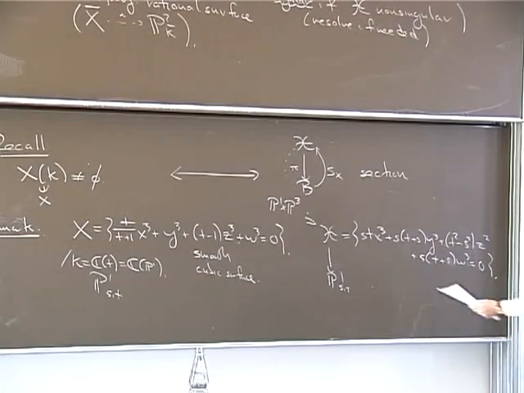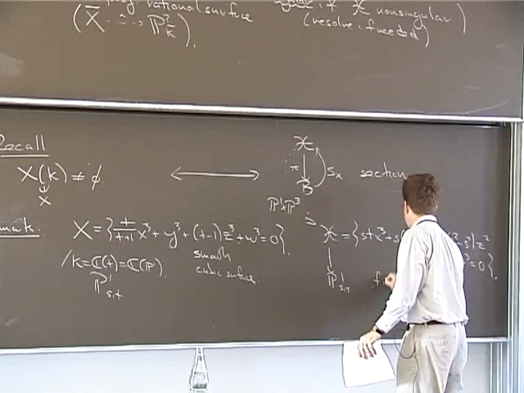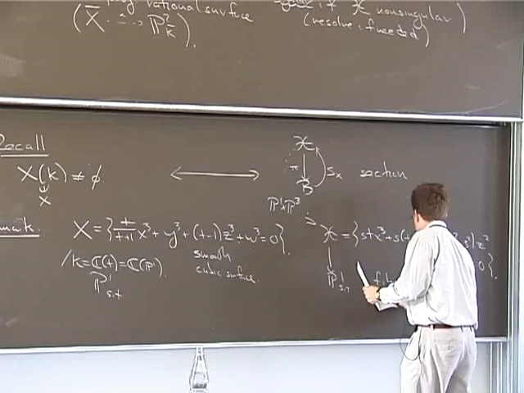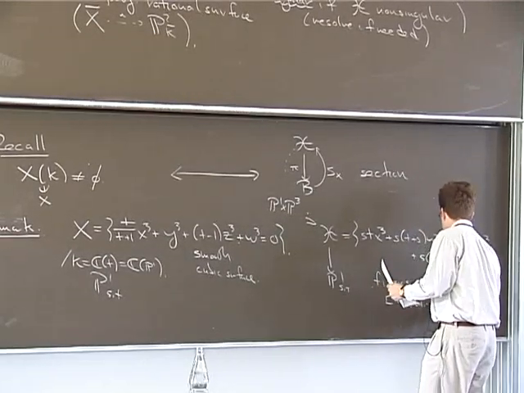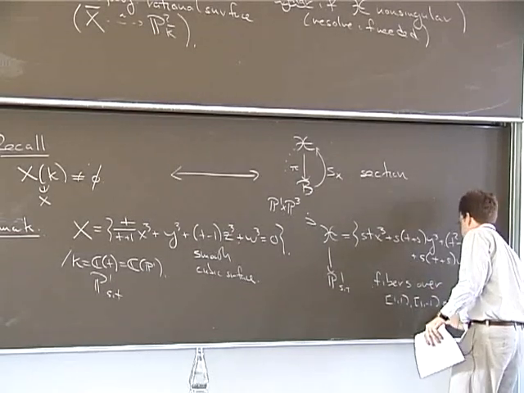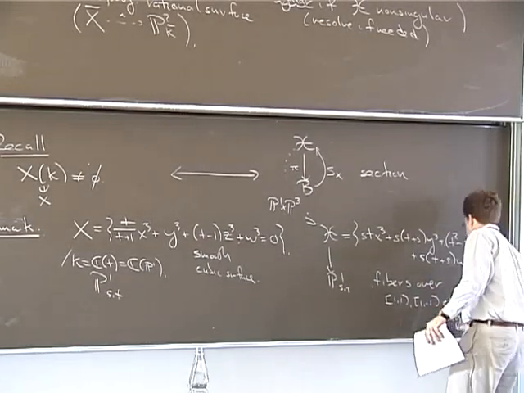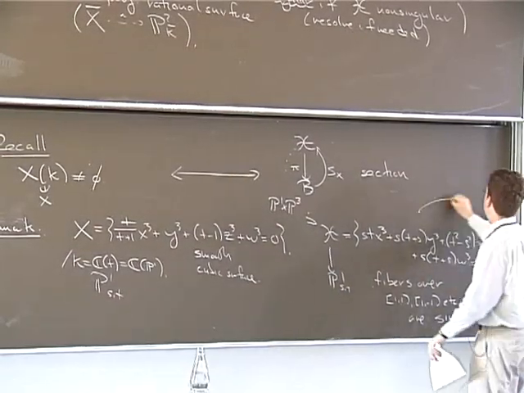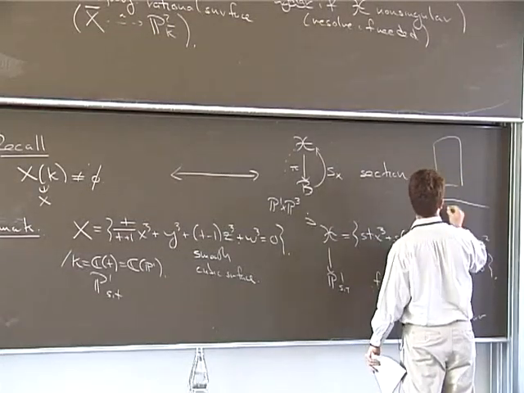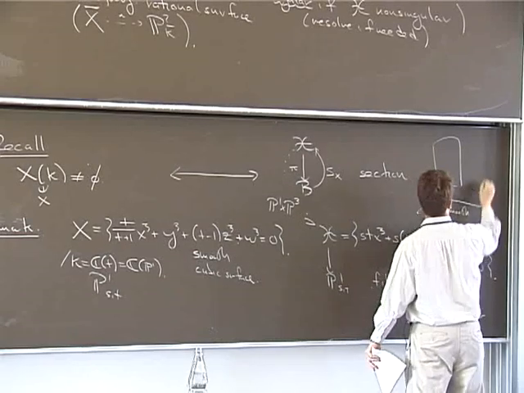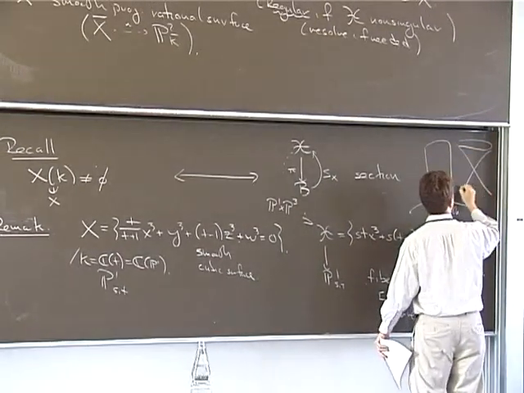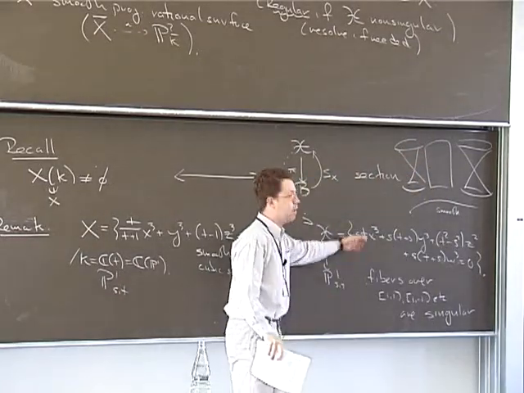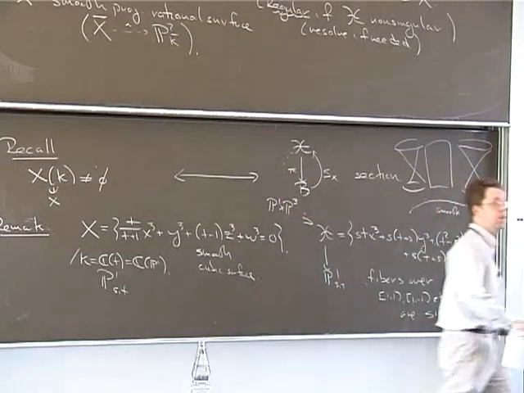For example, if I look at the fiber over the points 1, 1, 1, minus 1, etc., these are singular. And so whenever I take these models, you need to visualize that you'll have some good fibers, which are smooth, and some singular fibers. You can see the singular fibers just by specializing the parameters at various places.